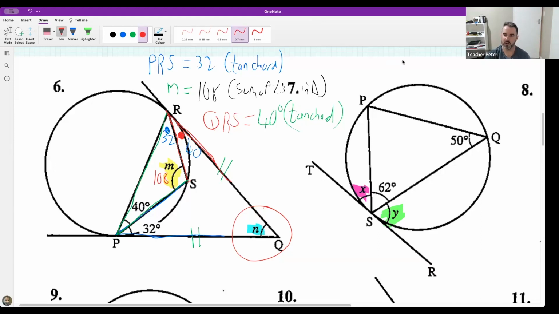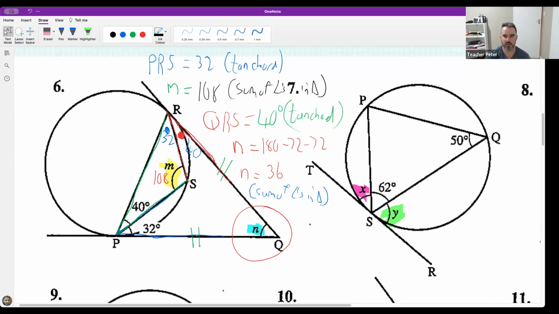I think I agree, Ronnie, because I know that these two are equal. Well, actually, I don't even need them to be equal. I can just say n is equal to 180 minus 72 minus 72, and I'll get my value of 36. And the reason would be sum of angles in a triangle.